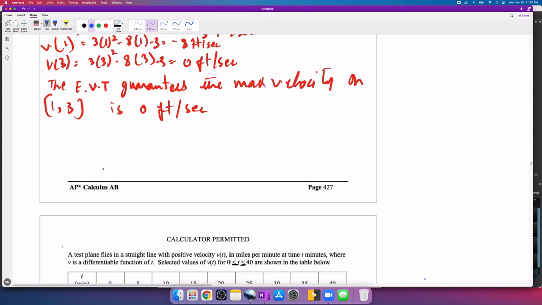In part C, we figured out that if the velocity was 0 at 3 and acceleration was not 0, then at t equal 3 the particle is changing direction. According to that, it changes direction, so we have to use a different formula. This is part E.